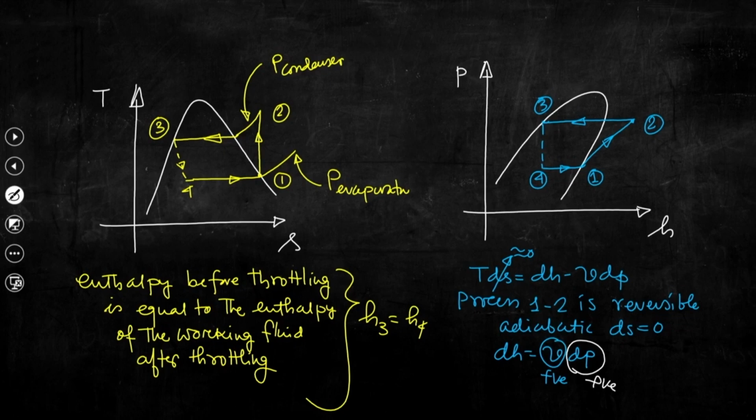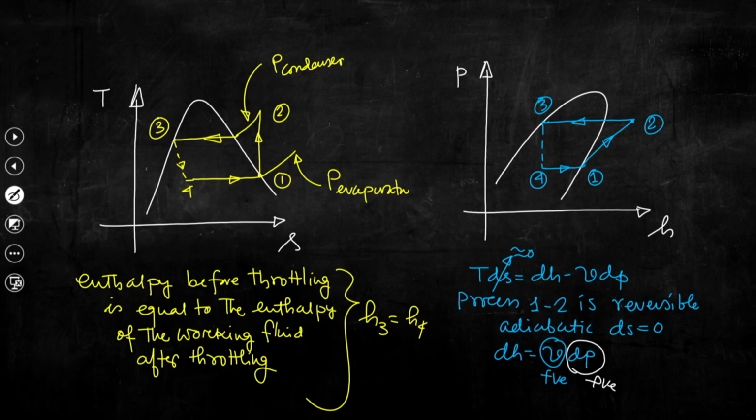Now I forgot to discuss one important point. The question is, comfortably I could locate point 4 here, but where is the guarantee that point 4 should not be closer to the saturated liquid line? Because if point 4 is closer to the saturated liquid line, certainly the entropy at state point 4 will be the deciding factor to locate point 4 in this plane.